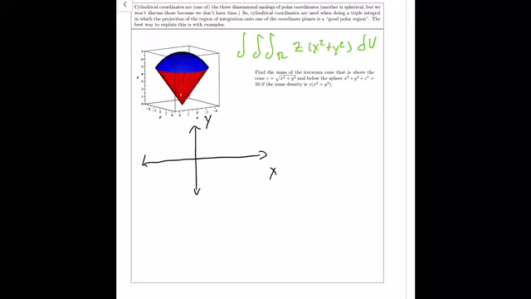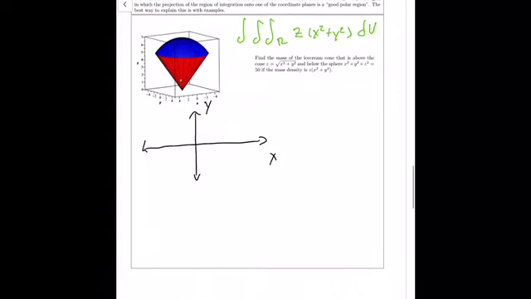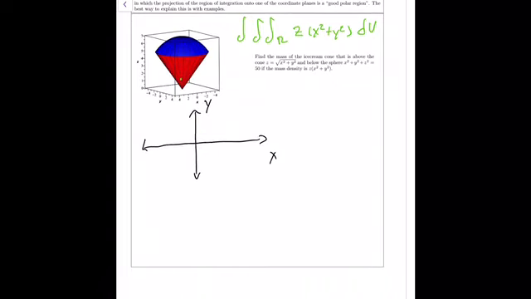I think it's clear, you might have to think about it, that the projection of this region onto the xy plane is going to be a circle. Now we just need to figure out what the equation of that circle is going to be. When the red and blue surfaces meet, the z values are going to be the same.